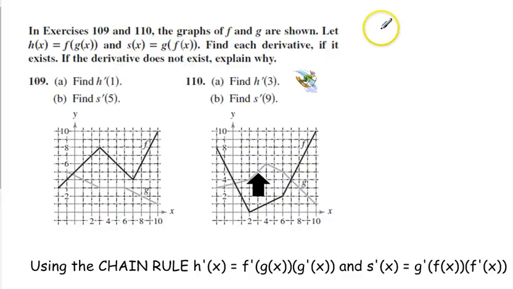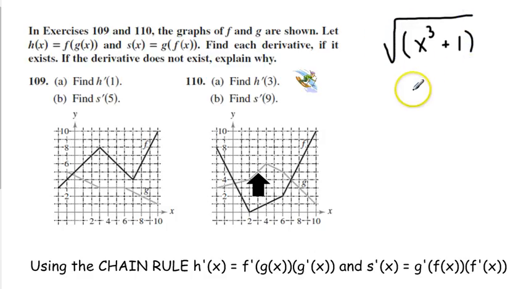But for example, if you took the function x cubed and plugged it into, actually, let's do x cubed plus 1, and you plugged that function into the square root function, that would be a composite function. You could plug 2x to the 4th into the sine function. That would be a composite function.